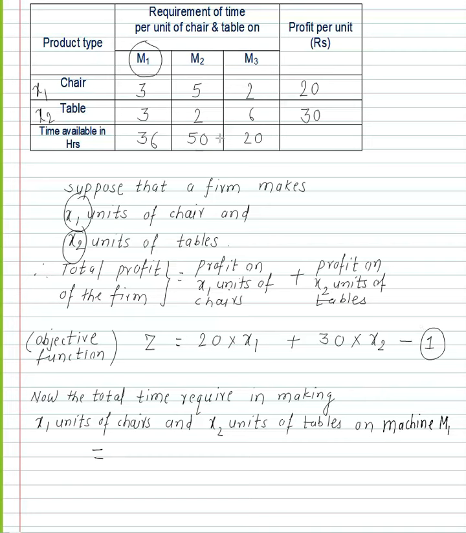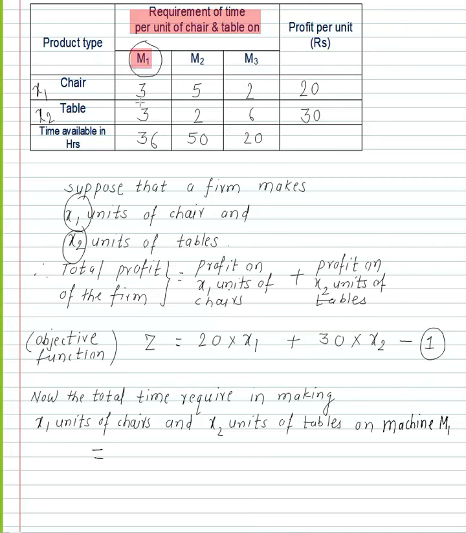Now look at the table. Second column is requirement of time per unit of chair and per unit of table on machine M1, M2 and M3. We are calculating the time on machine M1.